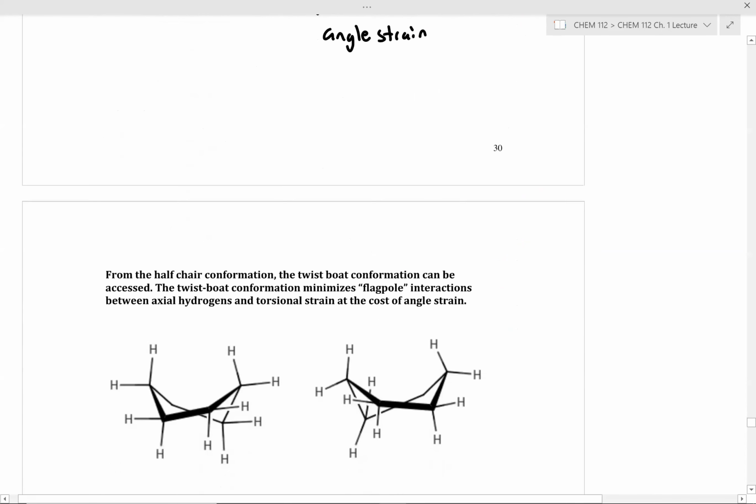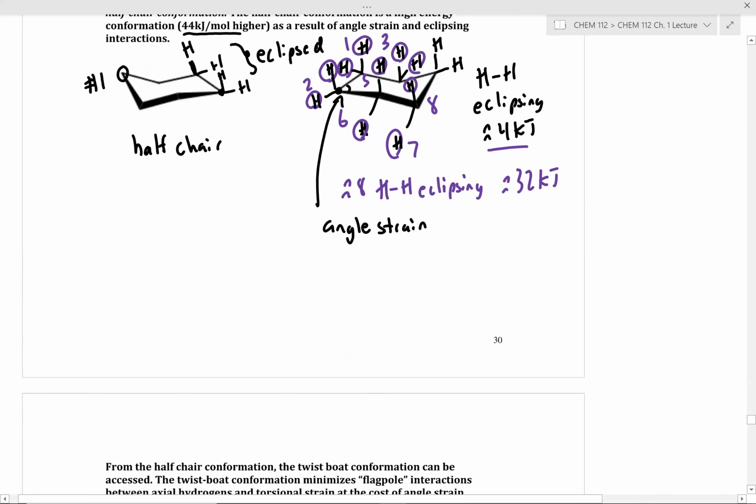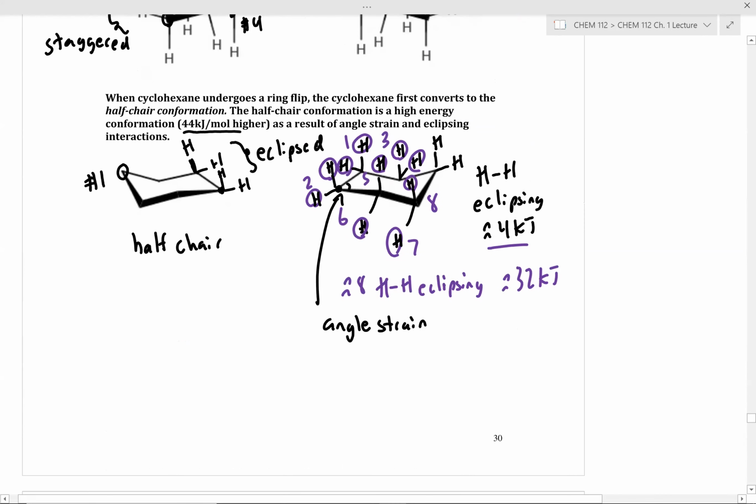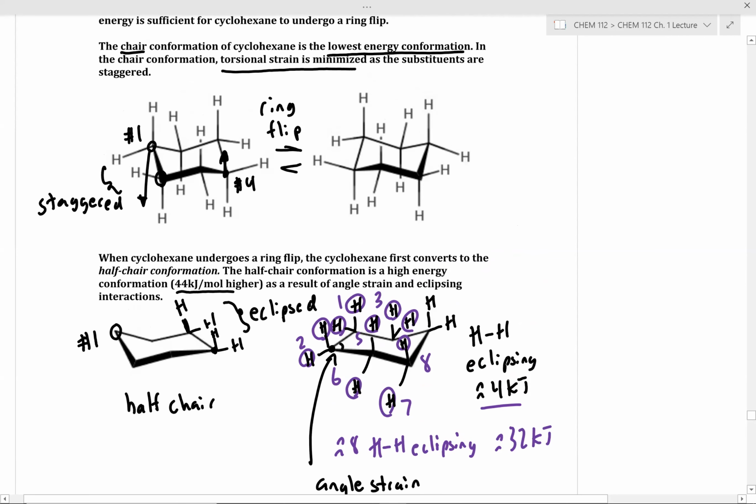Now, from the half-chair conformation, we can adopt what's known as a twist boat conformation. The way that this works is if we think about what we want to accomplish in a ring flip, as we discussed, carbon number 4 is going to be moving up and carbon number 1 is going to be moving down.